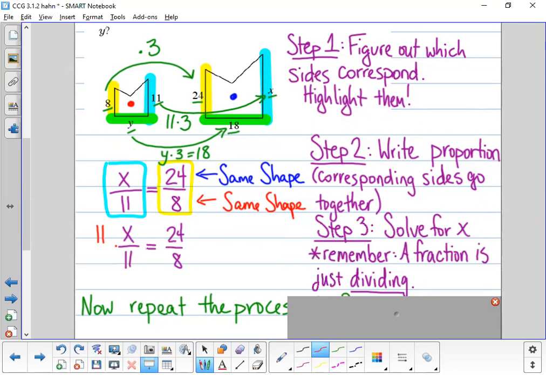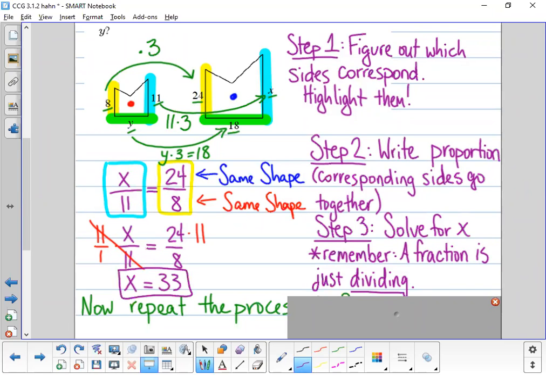And just a reminder, when I am multiplying a whole number times a fraction, I'm really just multiplying the top, because you can think of a whole number as being over 1. That's going to cancel out the 11 and leave me with X on my left-hand side. And then I'm going to do 24 times 11 and then divide that whole thing by 8. And I will end up with 33.